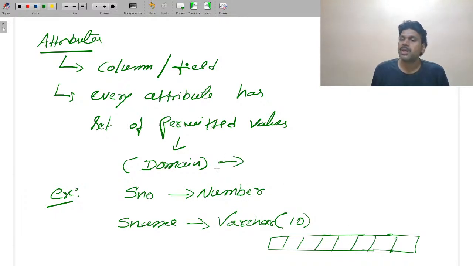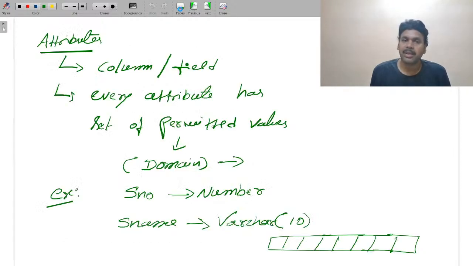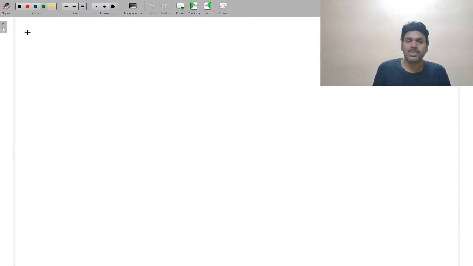So this is the meaning of a domain. A domain is nothing but a set of permitted values. So what types of attributes are there? There are different types, which I want to write here briefly. Types of attributes.